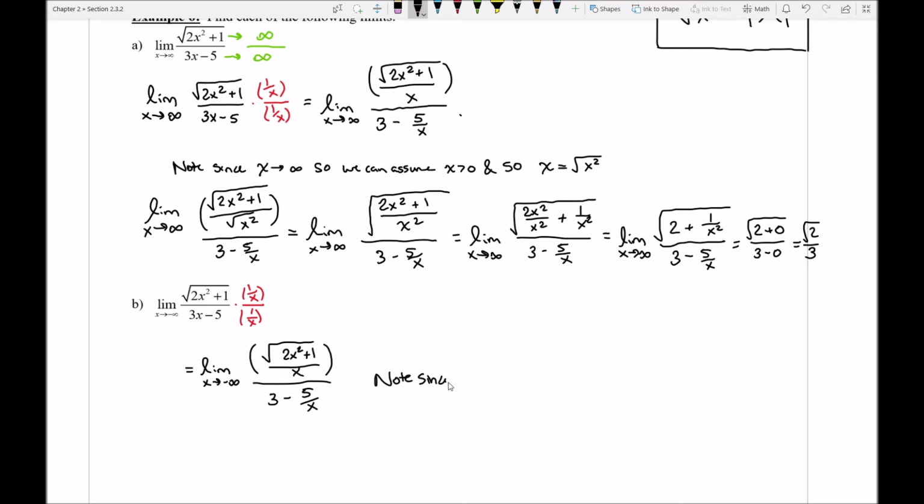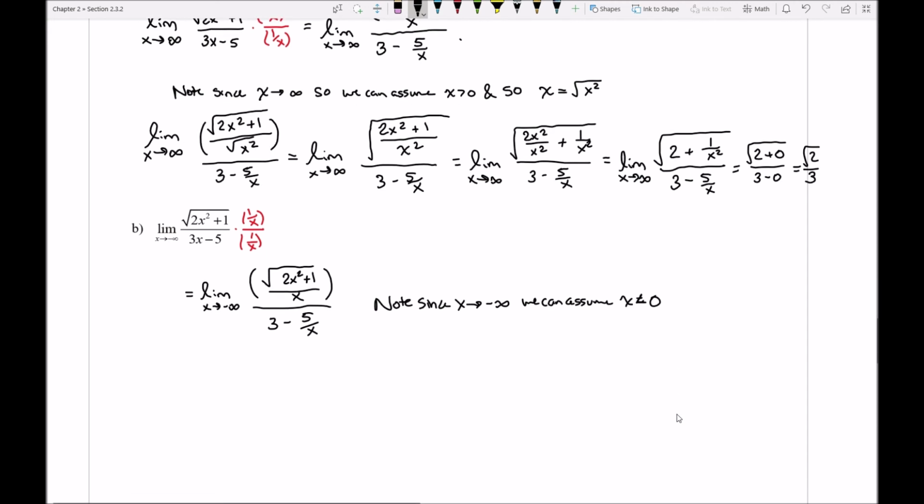This time I can say that since x is going towards negative infinity, we can assume here that x is actually going to be less than 0, right? Because if I'm moving towards negative infinity, x would have to be in the negatives. It's got to be some negative number.